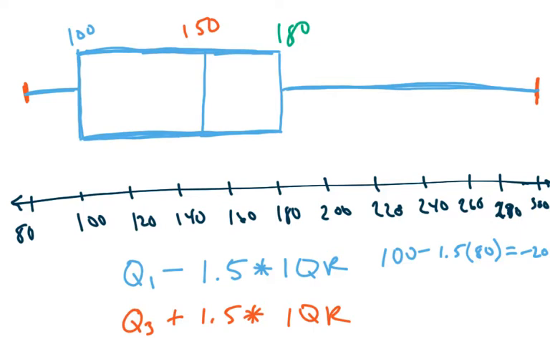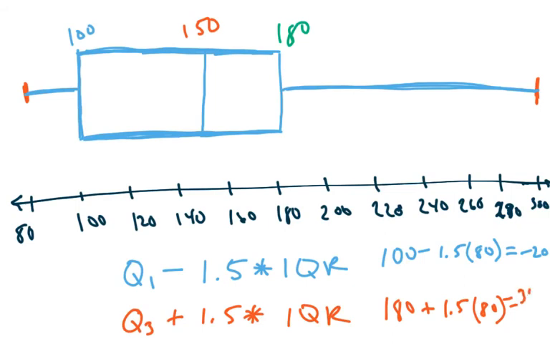For any upper outliers, we take our Q3, which was 180, and then we add to it 1.5 times our IQR, which was 80, and we get 300. So 300 is an outlier.